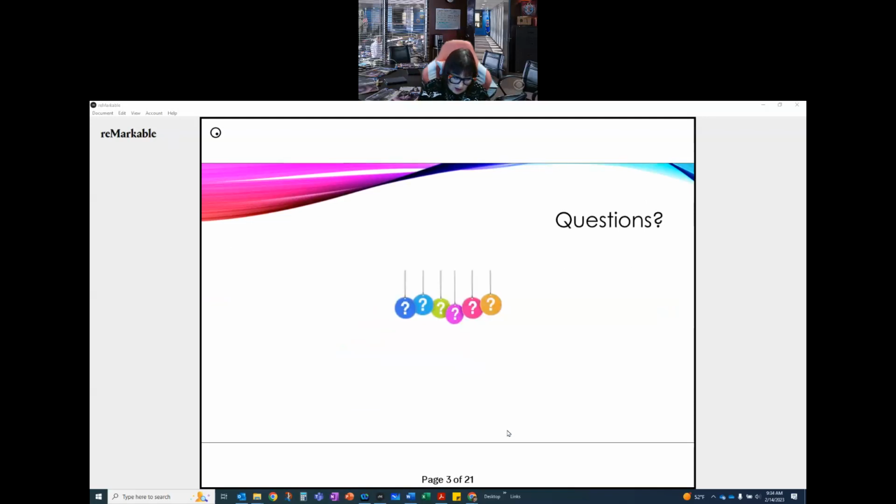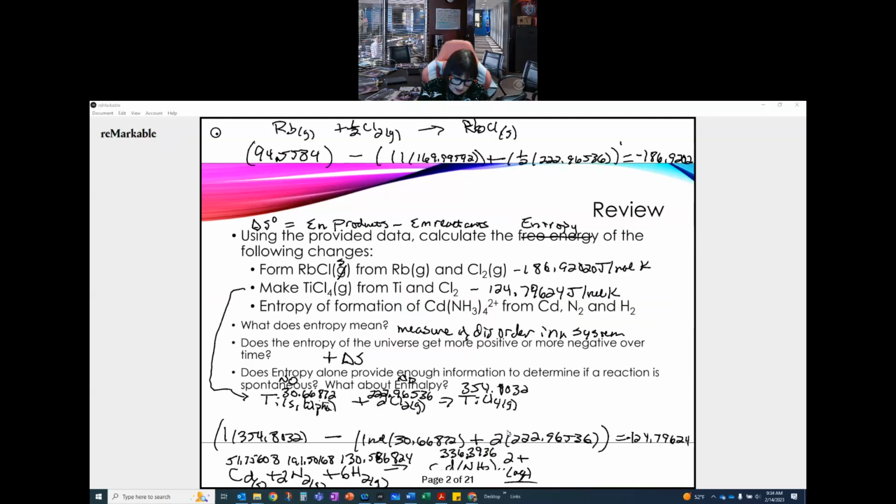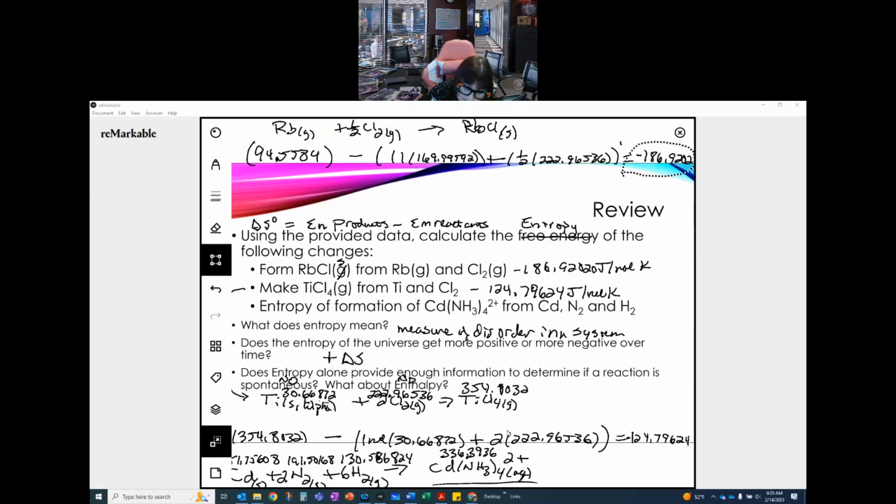It is right here, and that was negative 186.9202. So I'm going to copy that, and this is my delta S value.